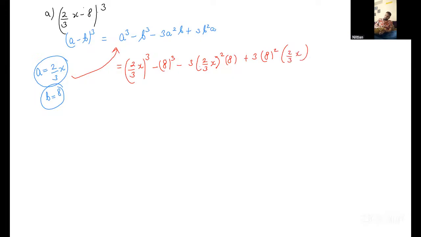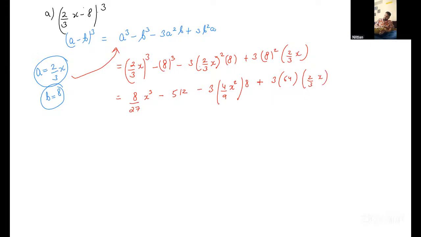So it will become 8 by 27x cube minus 8 cube, which is 512, minus 3 into 4 by 9 x square into 8, plus 3 into 64 into 2 by 3 x.